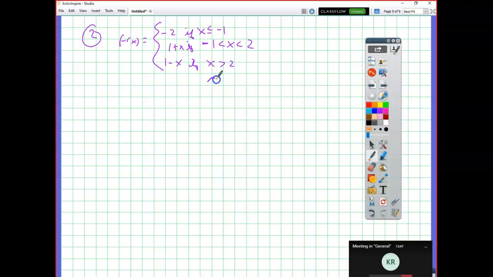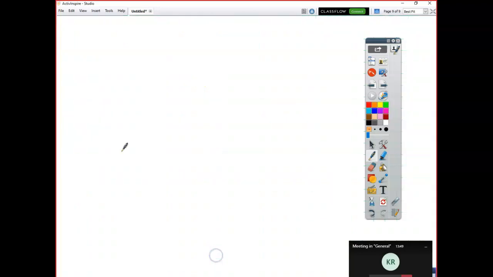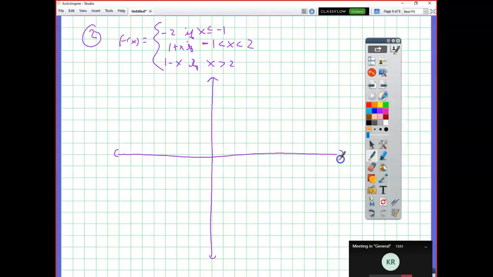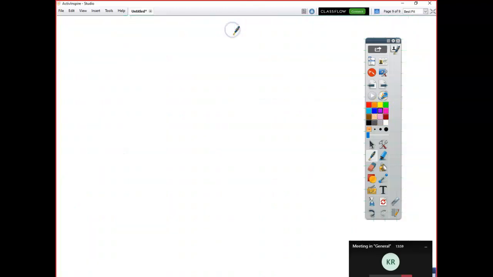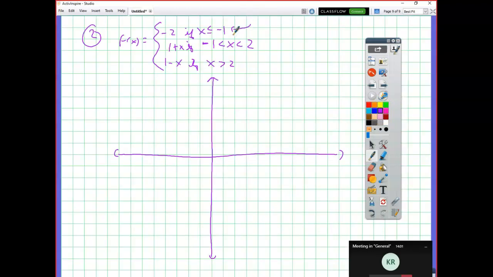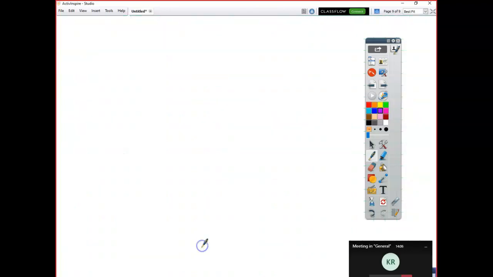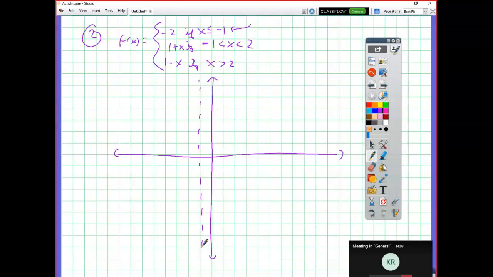We're going to go set up our graph paper. Wow, it is getting ridiculous now. This one here, I graphed when x is less than or equal to -1. So along this line right here, my boundary. How do I graph y equals -2?